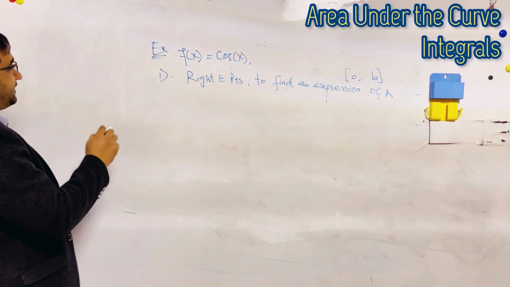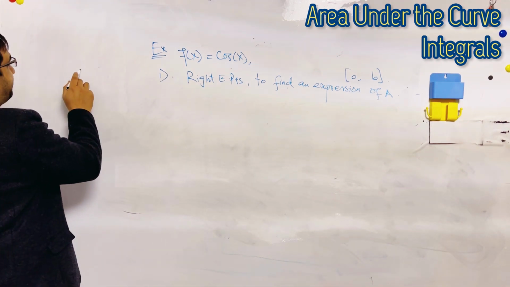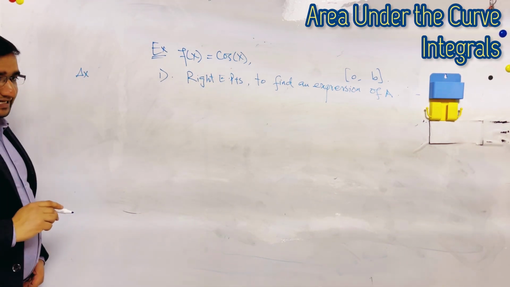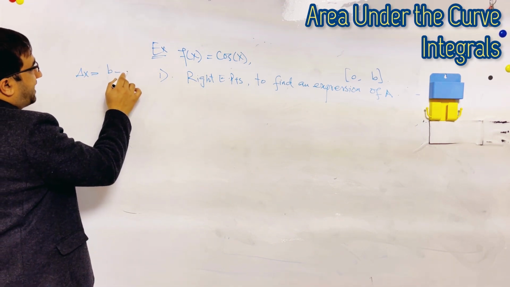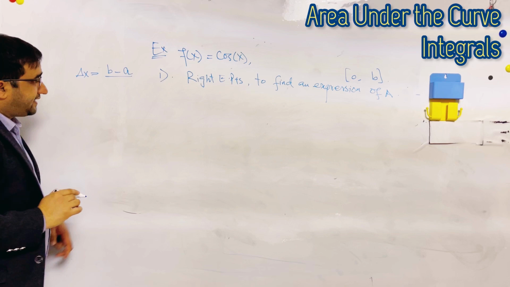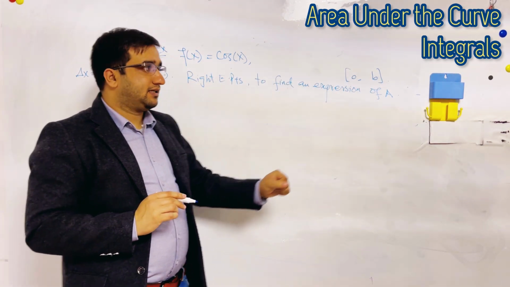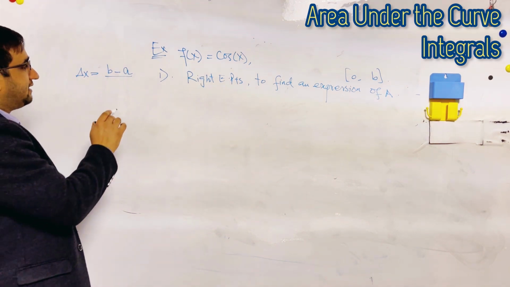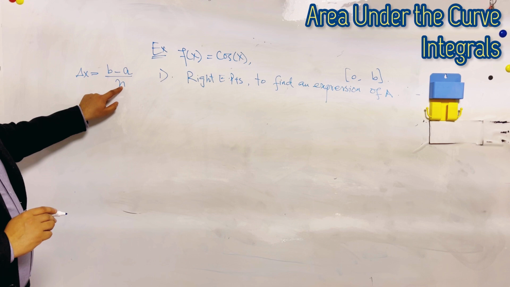Now, the total interval is this. And one thing, let me tell you: if you simply want to calculate, delta x is always the final point minus the initial point divided by the number in which you are splitting the interval. So if you are splitting the interval into n parts, then it is final point minus initial point divided by n.